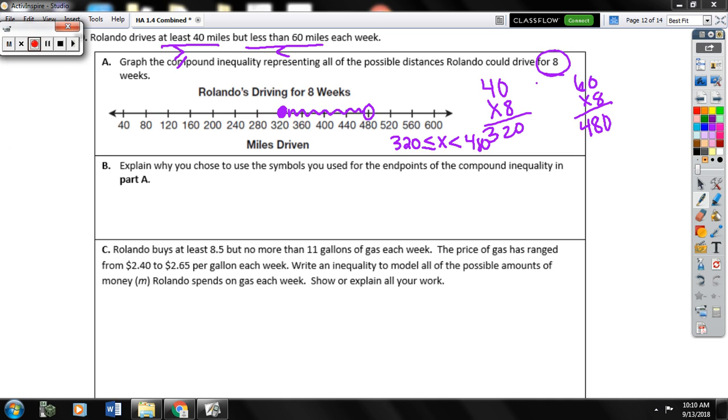All right, who has an idea of how we can find the possible range of prices that he might owe for how much he pays in gas? It says he buys at least 8.5, but no more than 11 gallons. Aiden? Would you add to the amount that he pays the least and multiply it by and have it X?